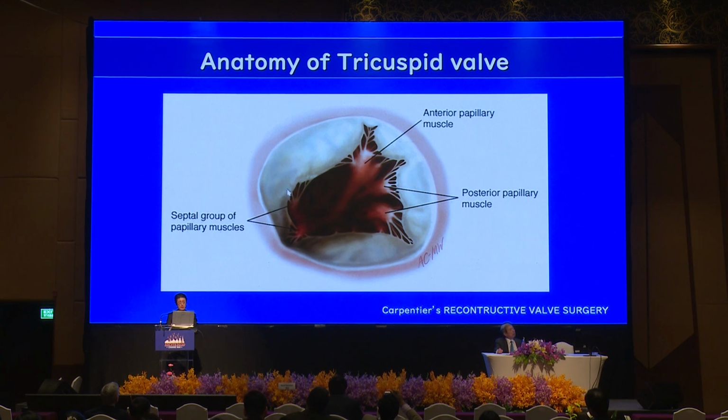When the tricuspid annulus is dilated, the main dilatation is in the anterior leaflet, and the anterior papillary muscle is causing the tethering. That's why I thought it reasonable to enlarge the anterior leaflet in these situations.